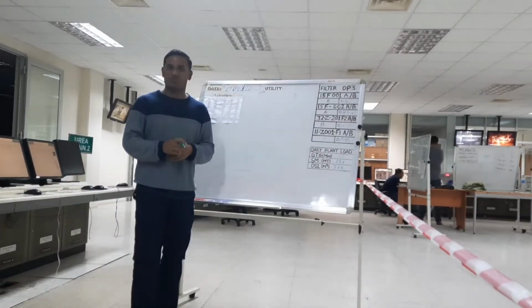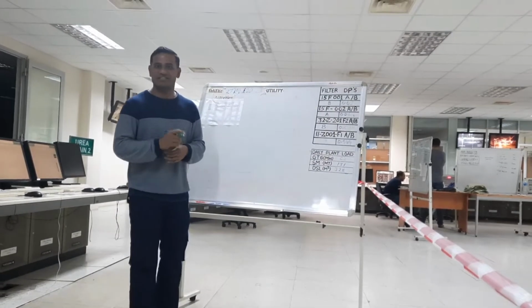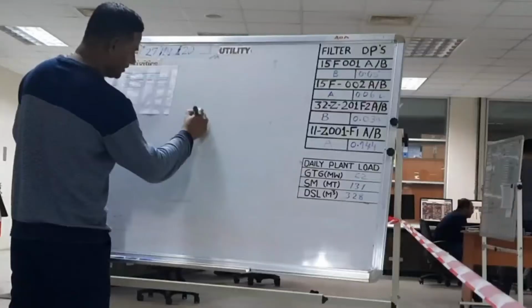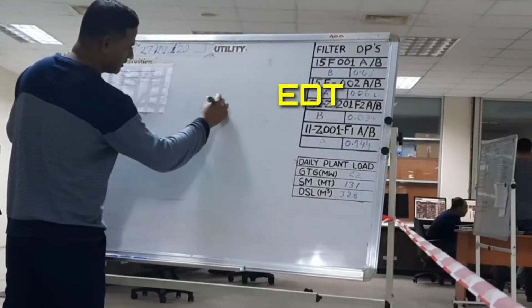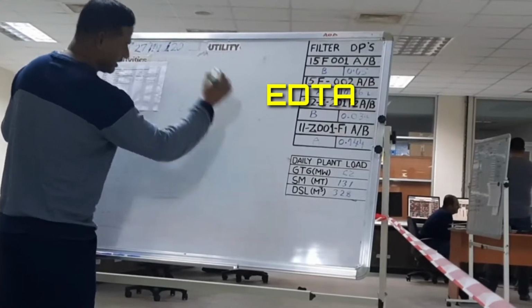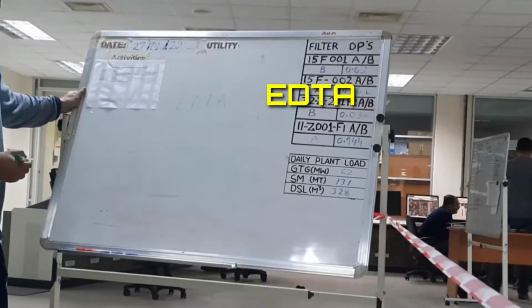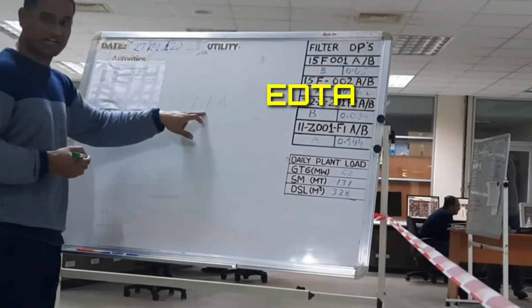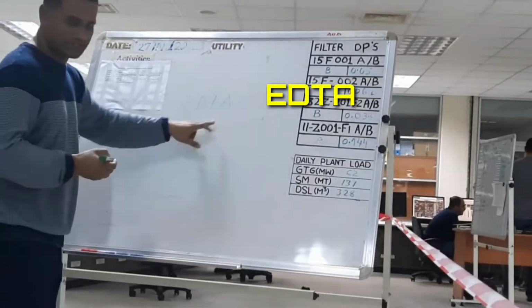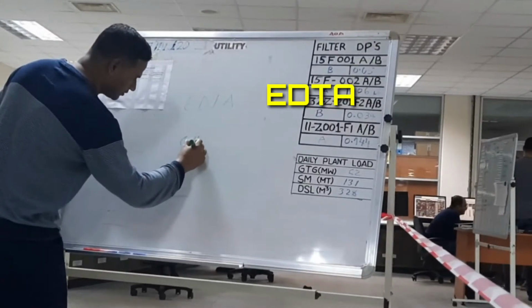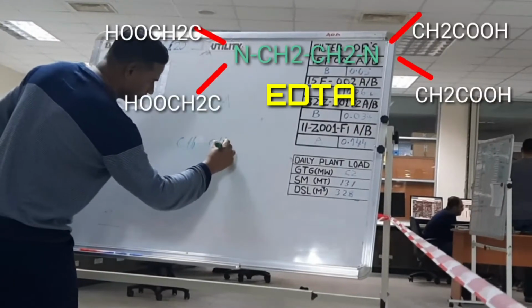For that reason, we are using EDTA. E means ethylene, D means di, T means tetraacetic acid. Ethylene, you know, CH2 CH2.